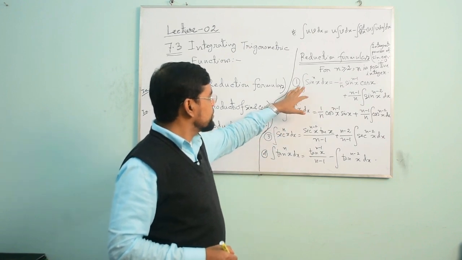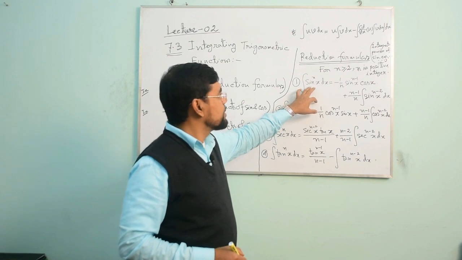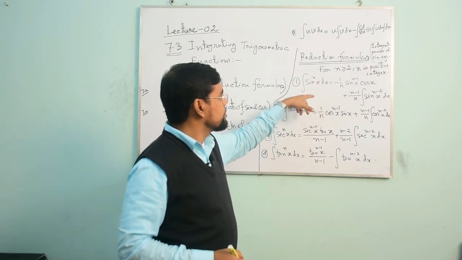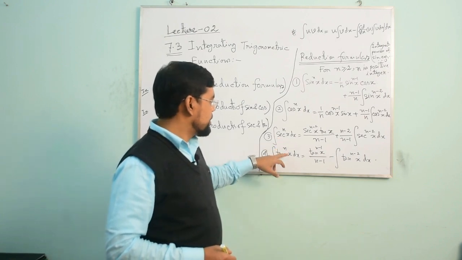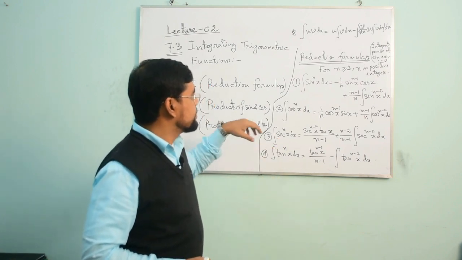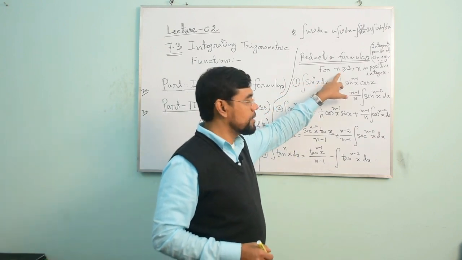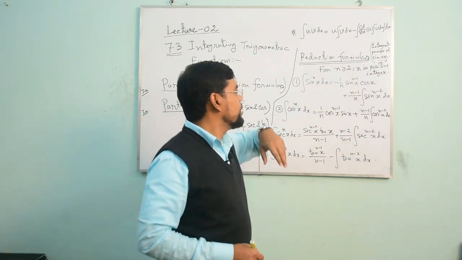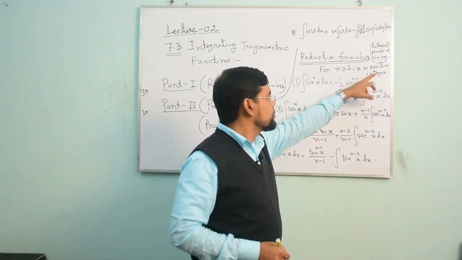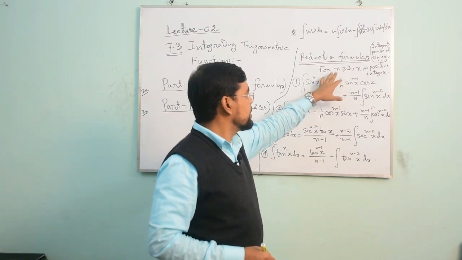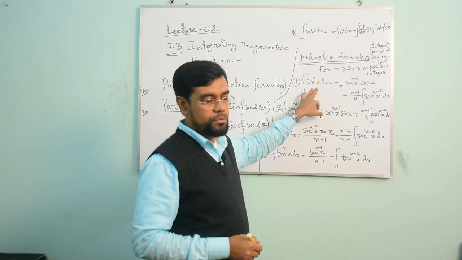A reduction formula is integrating powers of sines, cosines, sec and tan. All the formulas here hold true for n greater than or equal to 2, and n should also be a positive integer.